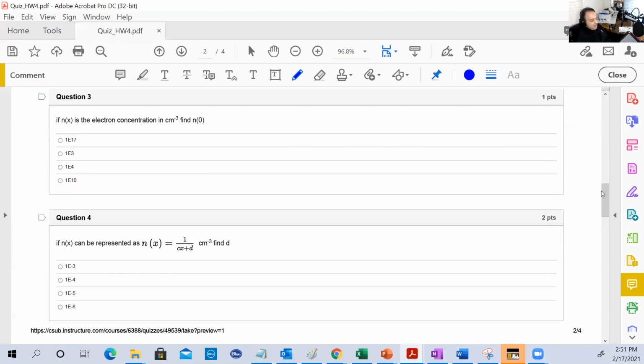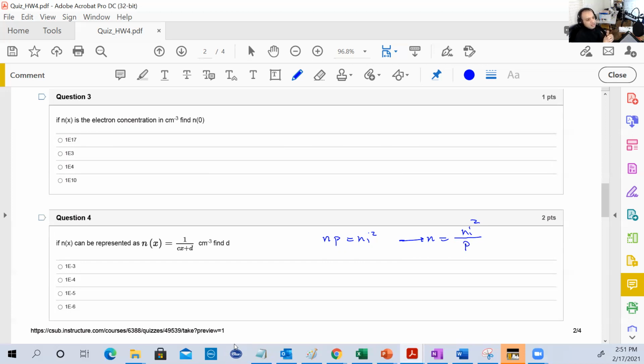Now you know that NP equals ni squared. So basically N can be equal to ni squared divided by P. We took many examples in which P is a constant, and N is a constant.